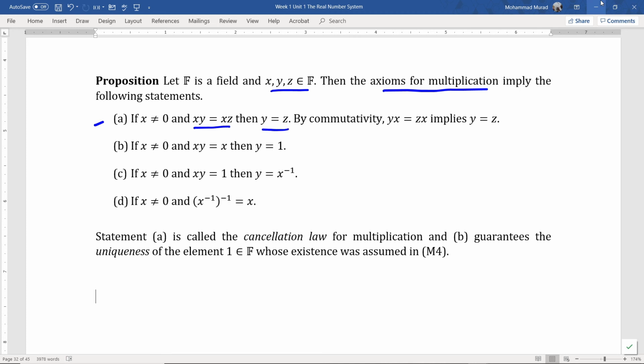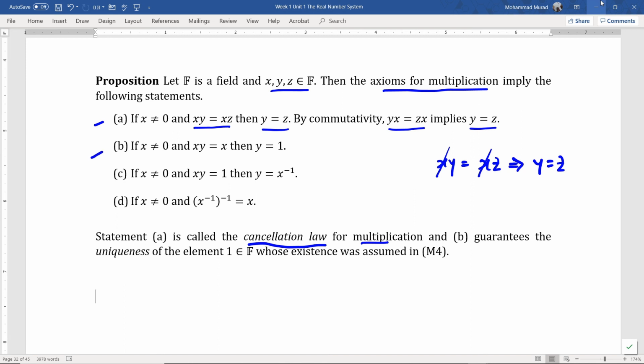By commutativity, we can also read this as yx equals zx implies y equals z. So this statement A is the cancellation law for multiplication. So if we have xy equals xz, and if x is not equal to 0, then we can simply cancel to obtain the equation y equals z. We will prove it, just like we proved the cancellation law for the operation addition.